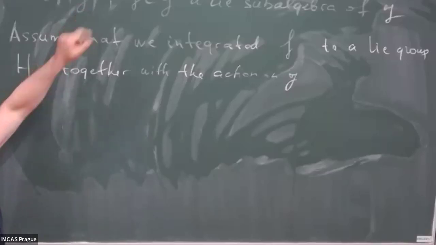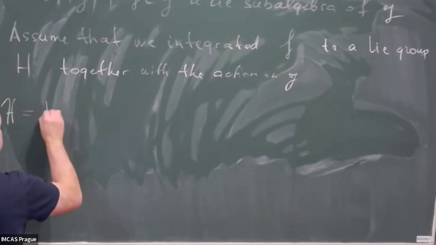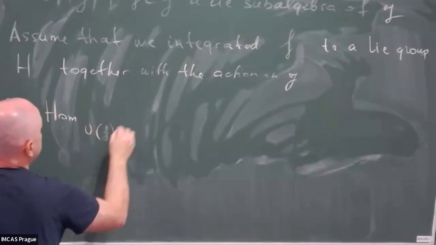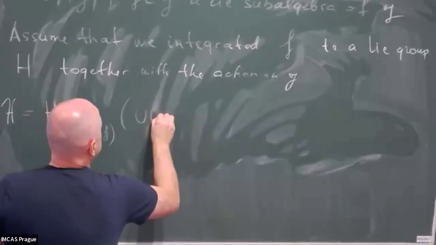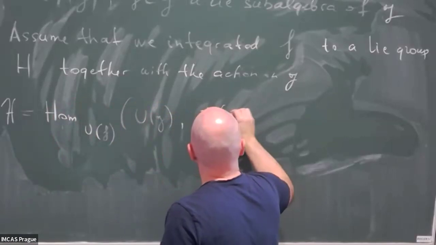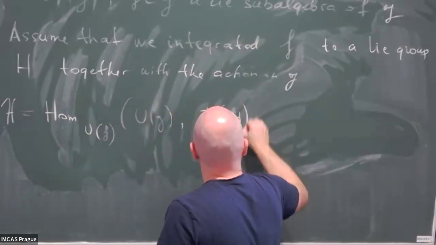So this is exponentiated. Then we can construct a certain Hopf algebra, which can be viewed as functions on the integration of the whole G in a certain way, by using a purely algebraic construction. So we construct the algebra as follows. Let's take homomorphisms over U(h) from U(g) to the algebra of functions on H capital.